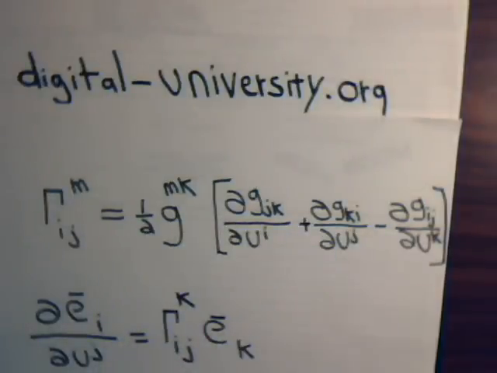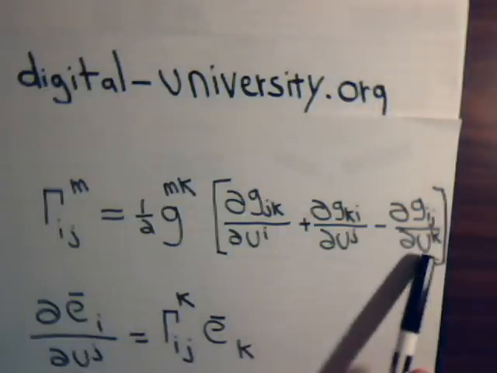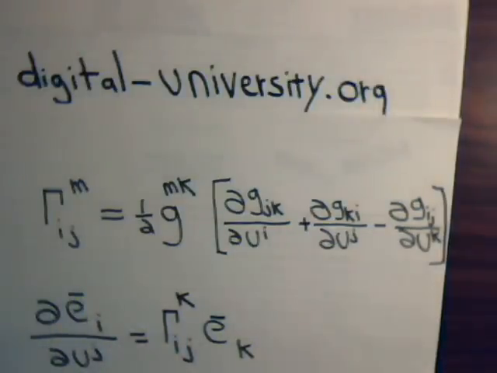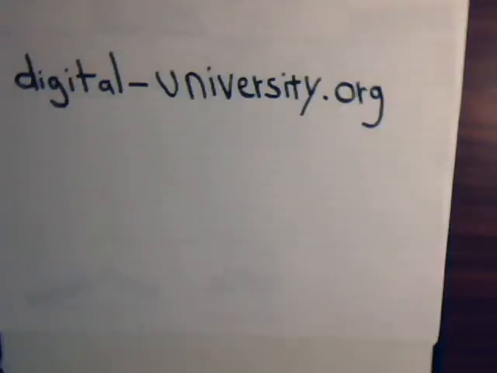What we'll do in this video is determine the Christoffel symbols in cylindrical coordinates by using our basic equation here. Then in the video after that, we'll once again determine Christoffel symbols in cylindrical coordinates by using this expression.